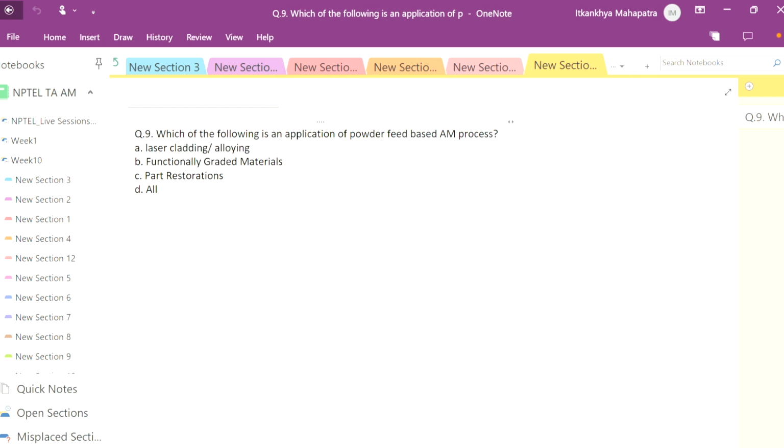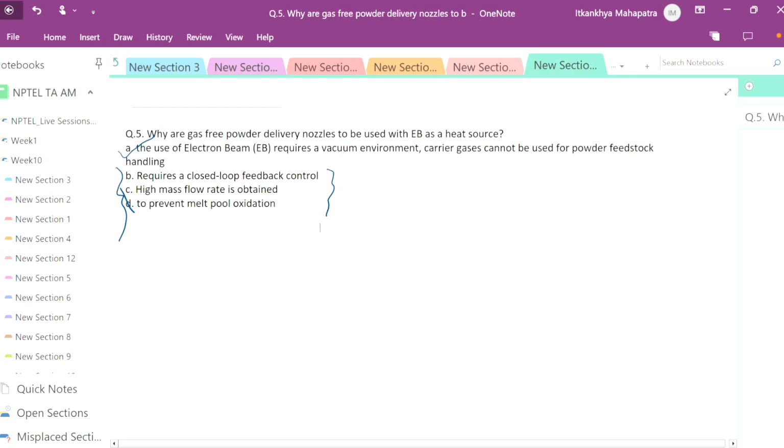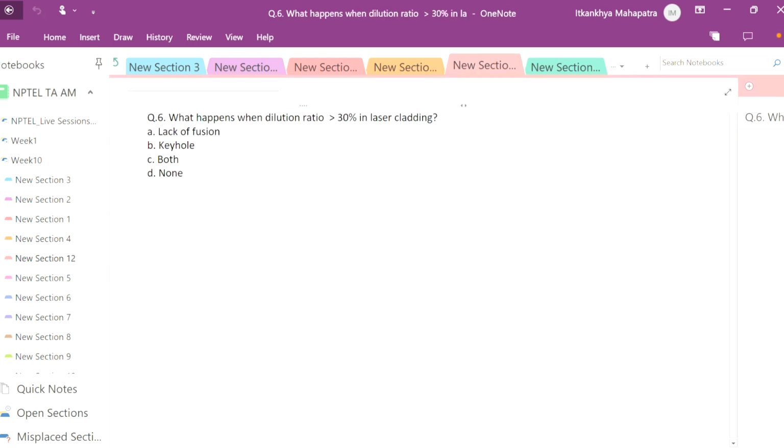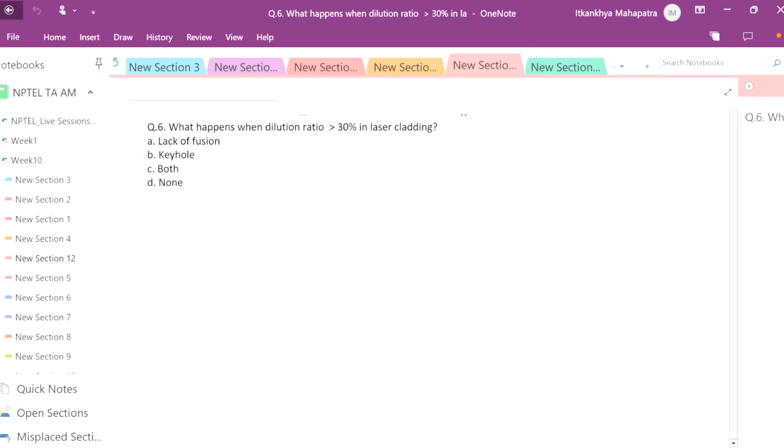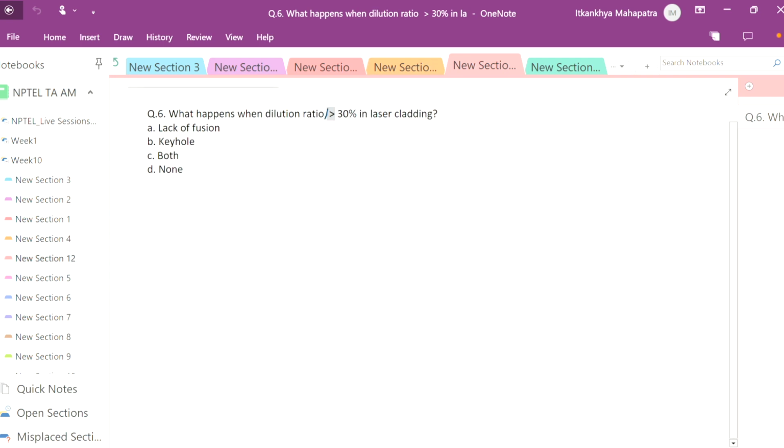Okay, I wanted to say one more question. I just missed it. What happens when the dilution ratio alpha is greater than 30% in laser cladding?